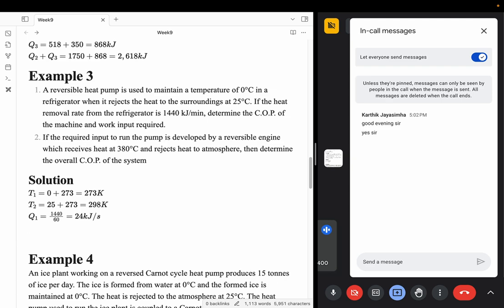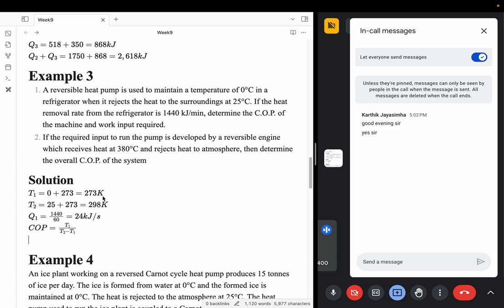So what is the COP? How do I calculate COP now? If this information is given, what is COP in terms of temperature? T1 is basically your source.